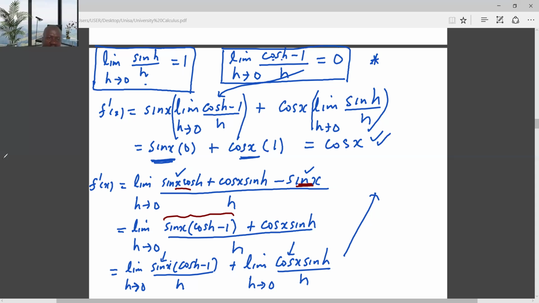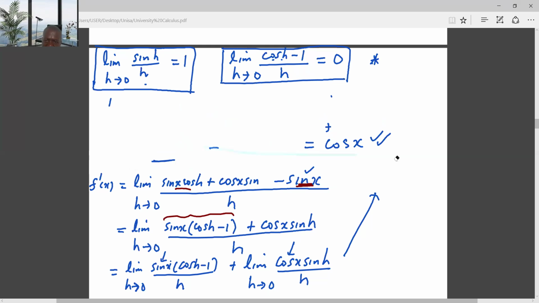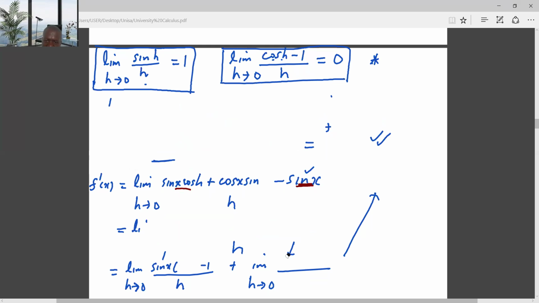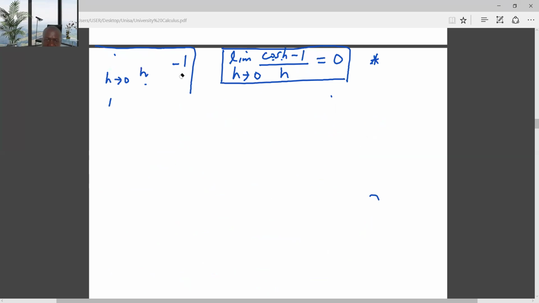We've seen that the derivative of sine is cos. So now we can prove that the derivative of cos is actually negative sine. So we've proved the first one. Now we can move on to the next one.